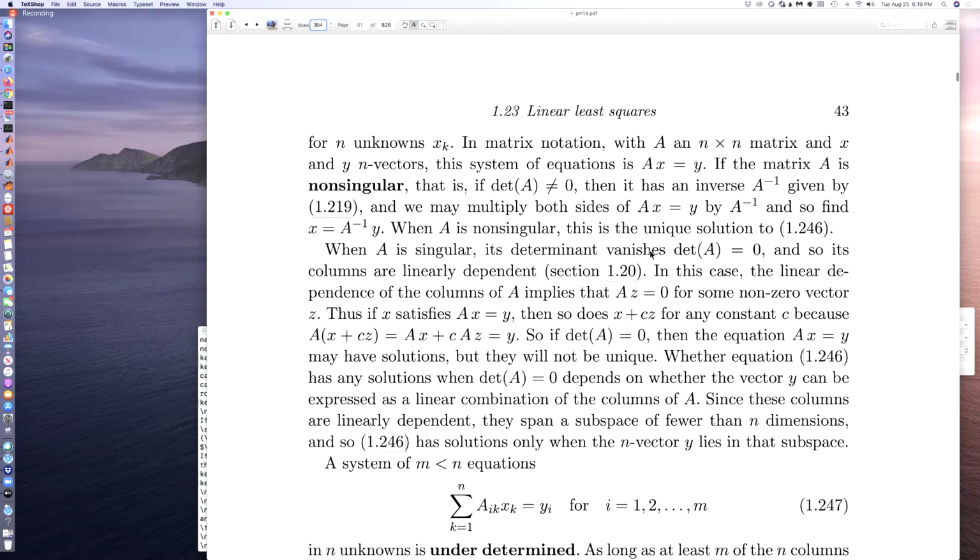And let's remember, the way to form an inverse, or at least the clumsy way to form an inverse, is using the cofactors, the matrix of cofactors: the transpose of the matrix of cofactors divided by the determinant.